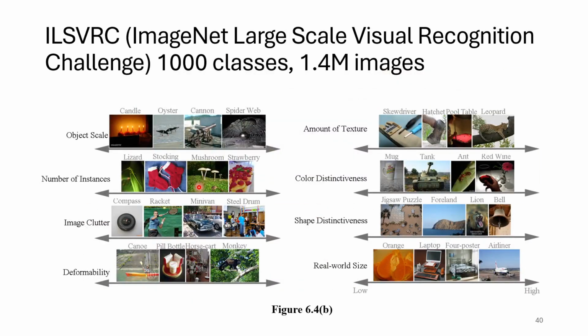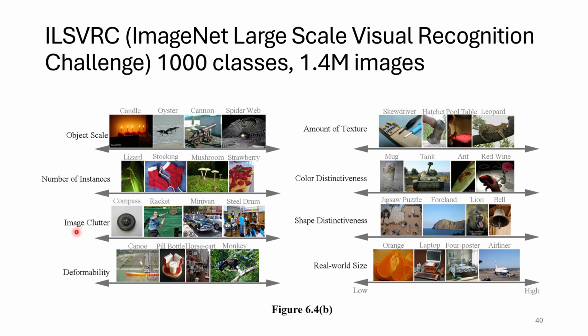When ImageNet was released, it soon became the new target of many image classification algorithms. I will also use this image to show the variance of ImageNet. First is object scale: some objects are small, like a candle, and some are very large, like a spider web.